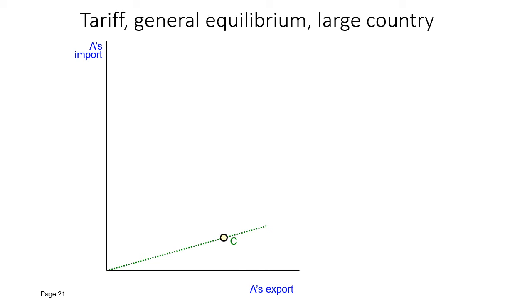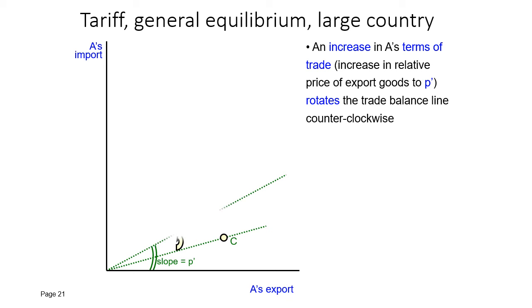What we have said here is that C represents a point that country A, America, will choose. It's the best possible point for producers and consumers. It could lie anywhere on the line, but that just happens to be that particular point for those relative prices.